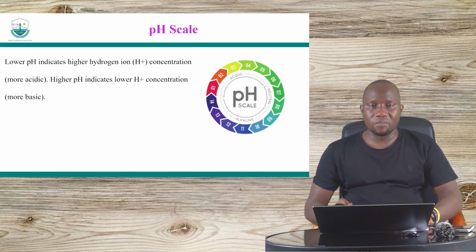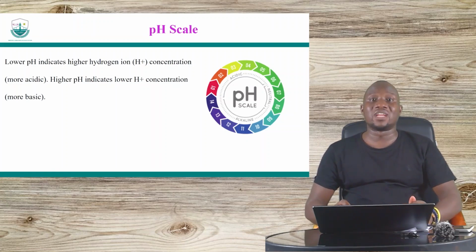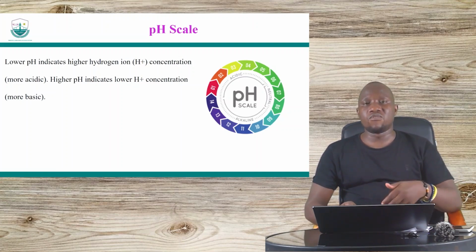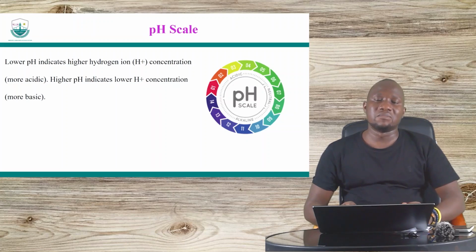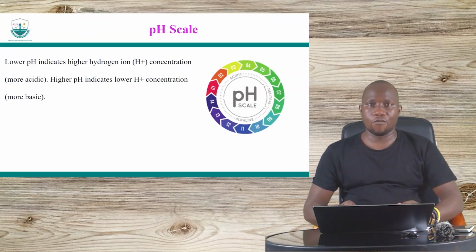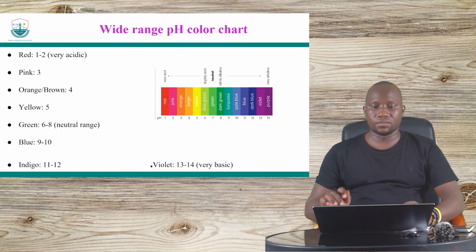The interpretation remains that the lower the scale, the more acidic it is, so the more concentration of hydrogen ions that you will have. If you are moving upwards, it means that you will have a lower concentration of hydrogen ions, which means the more alkaline or basic the solution.